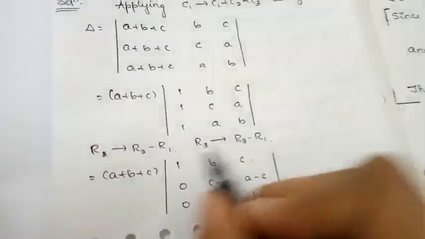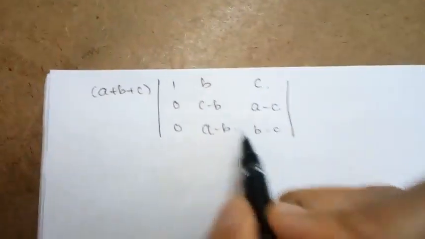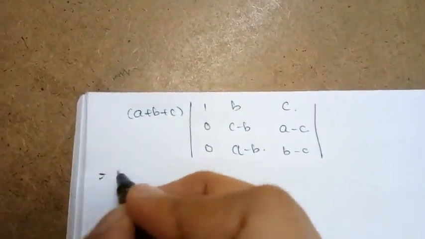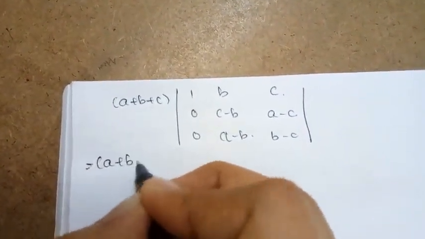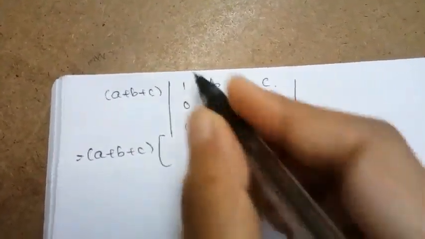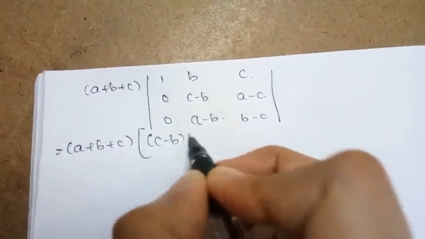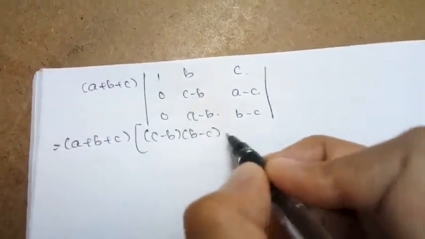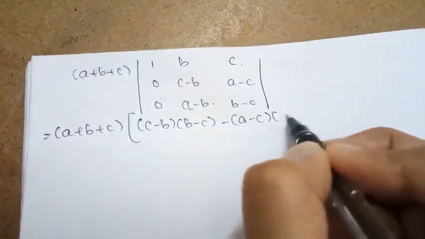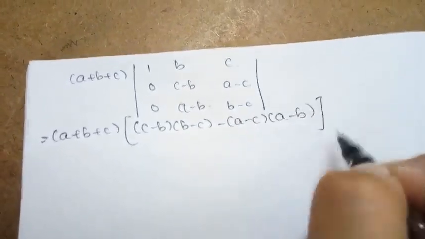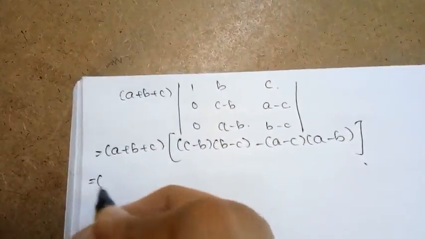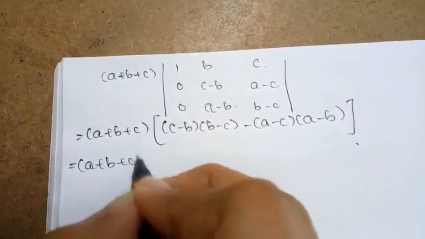Now expand this determinant along the first column. So what are we going to get? Expanding along the first column, I get a plus b plus c into, this one is 1, so that is c minus b into b minus c, minus a minus c into a minus b. Now a plus b plus c stays as it is.